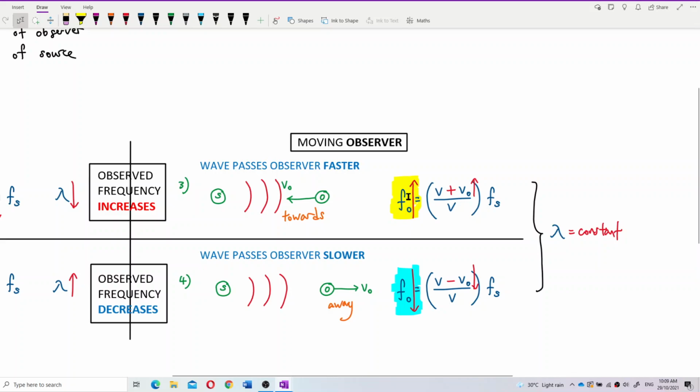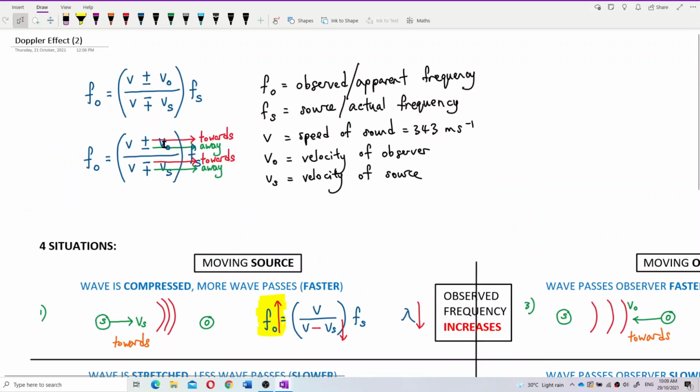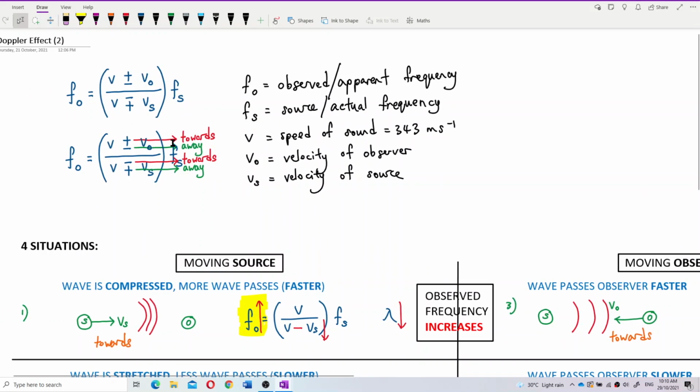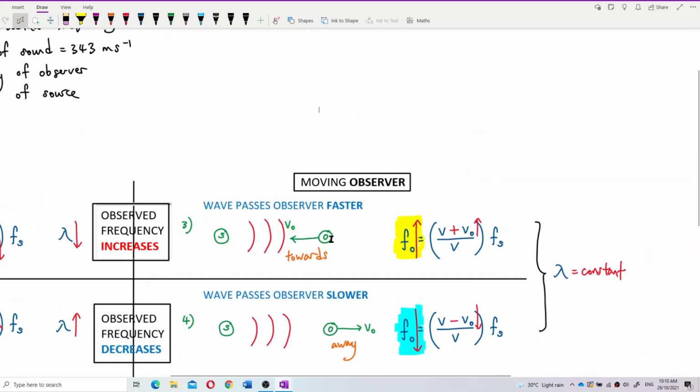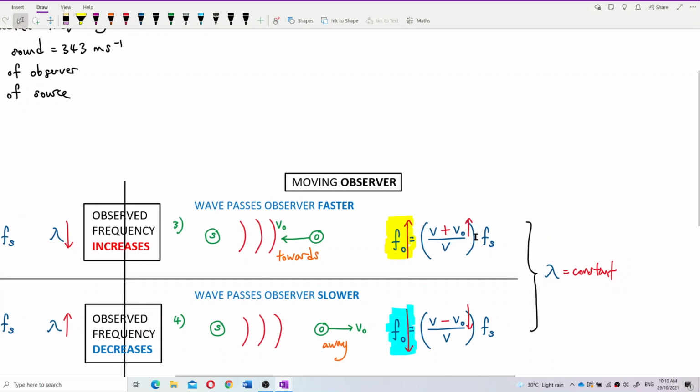Okay, and now we know that the VO is at the top. The velocity of the observer is at the top. So what now? For this one, the observer moving towards the source, should we put positive or negative VO? So our reasoning is this one. The wave passes through the observer faster.